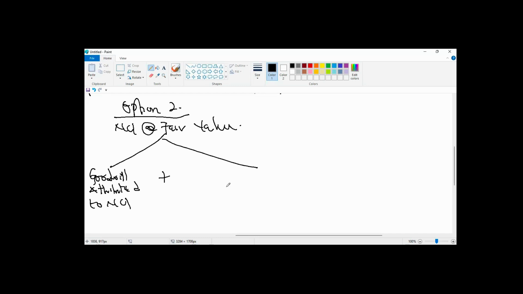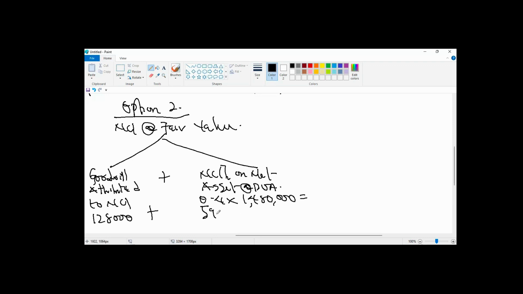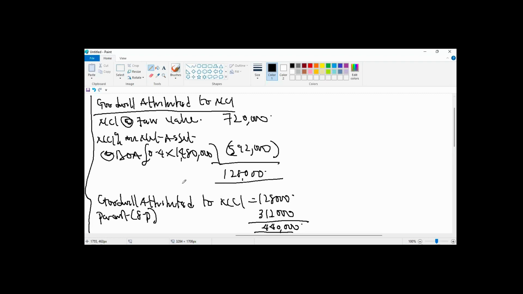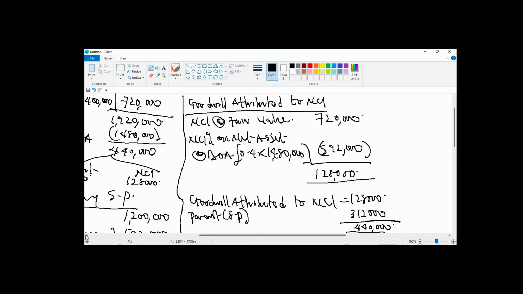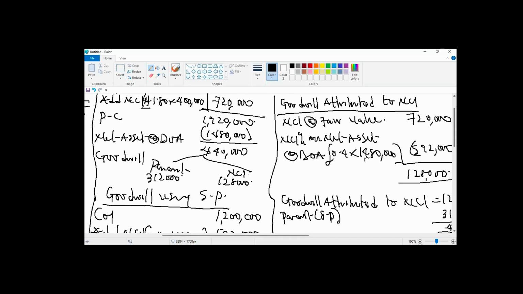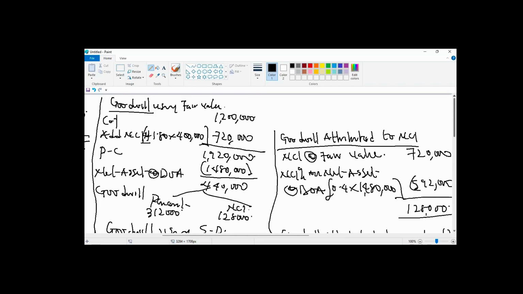What is the goodwill attributed to NCI? 128,000 plus NCI percentage 0.4 times 148,000, which is 592. Addition of the two will now give me 720. This 720, I will now add to the cost of investment, just like what we have done. I've gotten NCI at fair value, so I add 720 to the cost of investment. It gives me 440. Option 2.